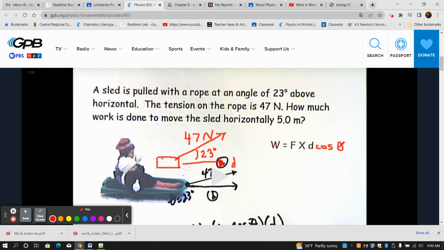I just want you to type this in your calculators real quick and make sure you get this. If F was 47, the displacement that this thing moved horizontally was 5 meters, right? Because it moves 5 meters this way, times the cosine of 23.